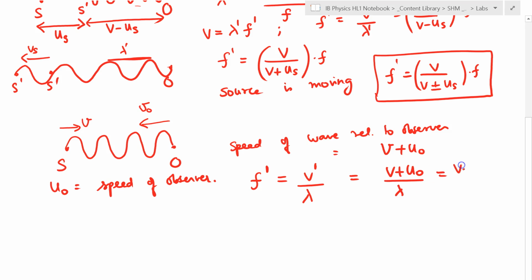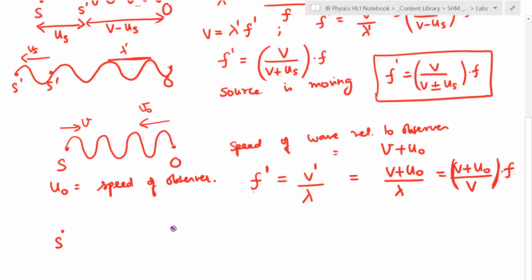And substituting for lambda, we can write (V plus U0) divided by (V over F). So you find that F prime is (V plus U0) divided by V times F. Since this fraction is greater than 1, we know that the apparent frequency is going to be more than the actual frequency if the observer starts moving towards the source.